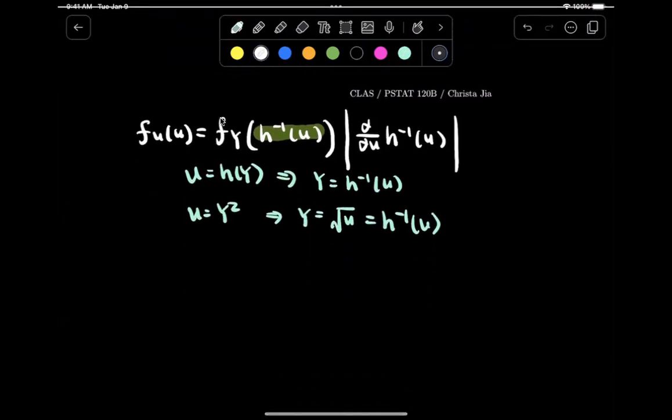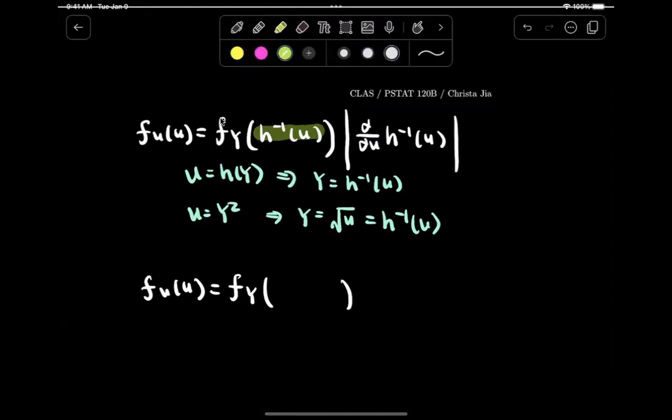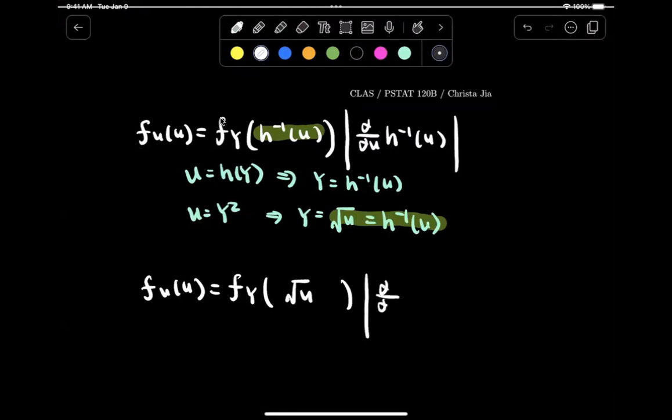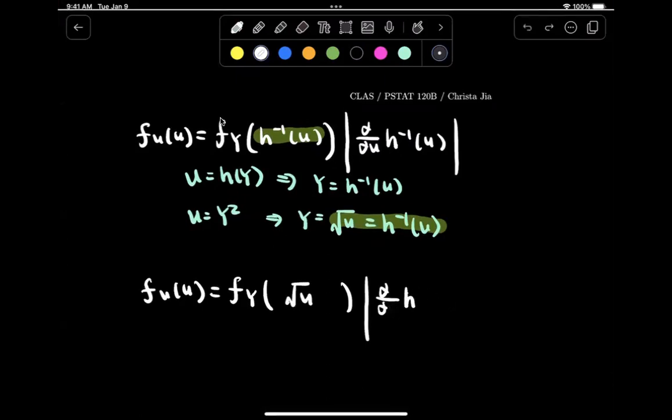And let's plug this in. f of u, so the PDF of u, is equal to the PDF of y evaluated at h inverse of u, which is the square root of u, times the derivative of the inverse of h, and so the inverse of h would still be the square root of u.